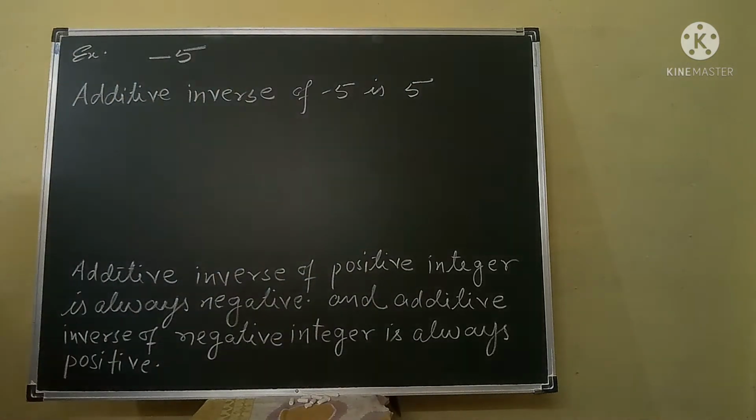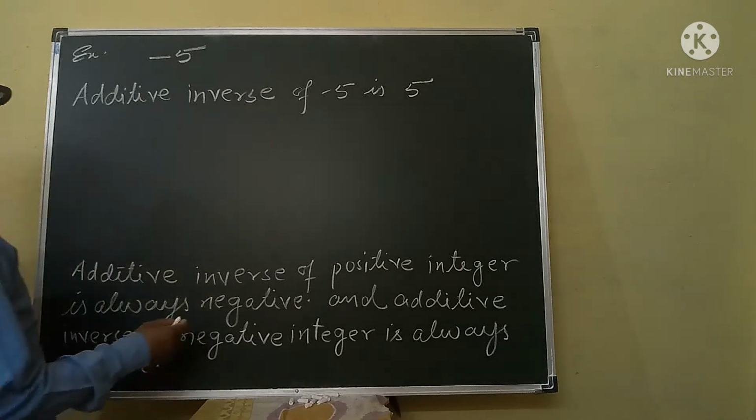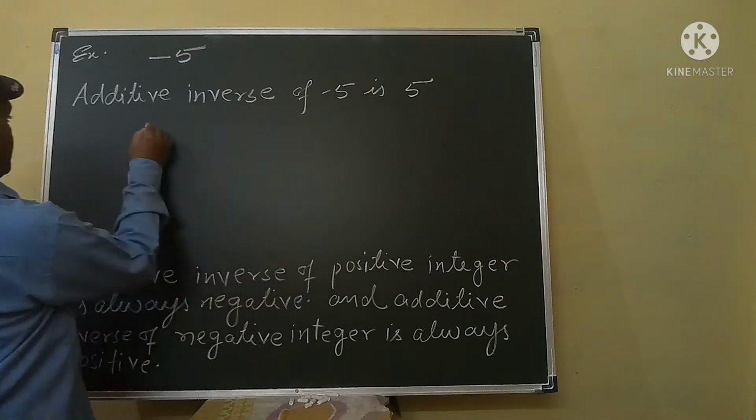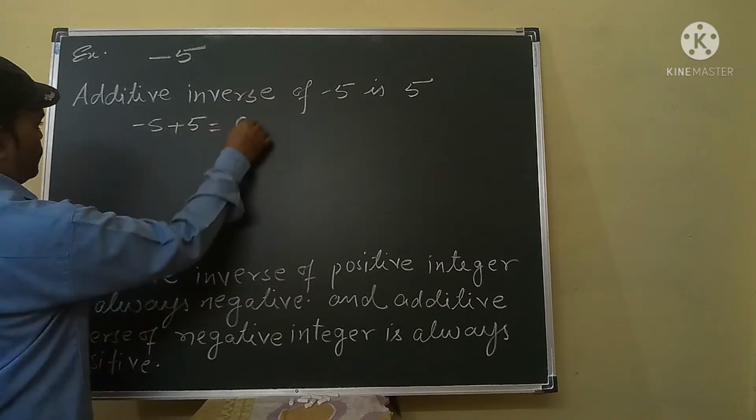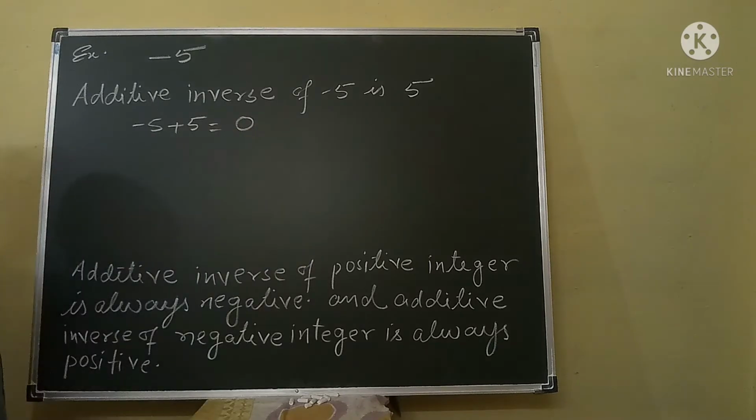Additive inverse of minus 5 is 5, or plus 5, both are the same. That means if we add minus 5 plus 5, then we will get 0.